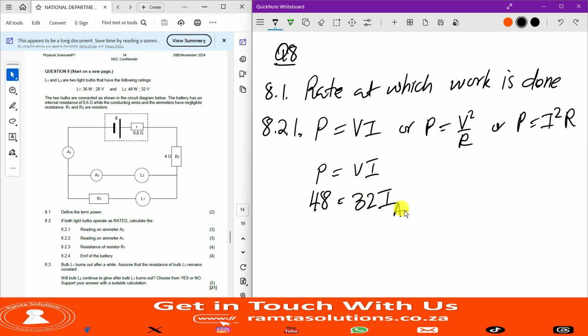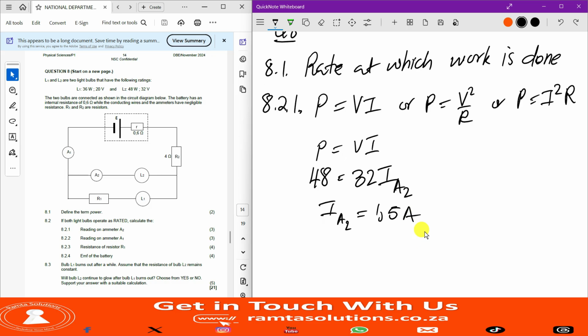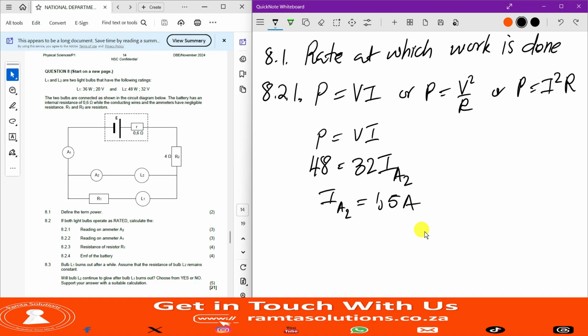So the current flowing on ammeter A2 is 48 divided by 32, which is 1.5. So current flowing at ammeter A2 is 1.5 amperes. Happy? Great stuff. Now let's go to the next question.